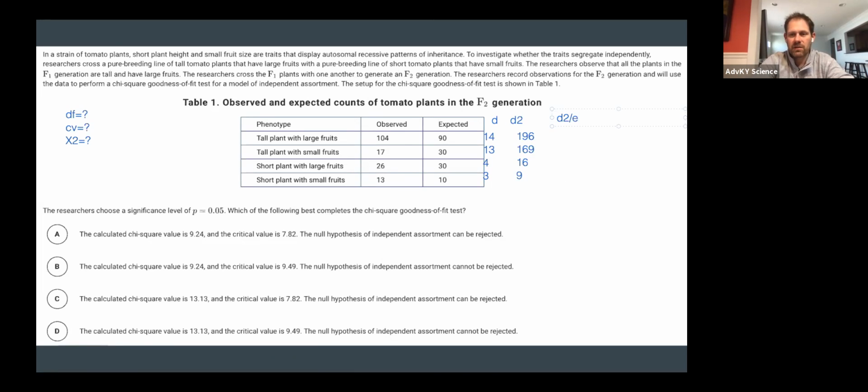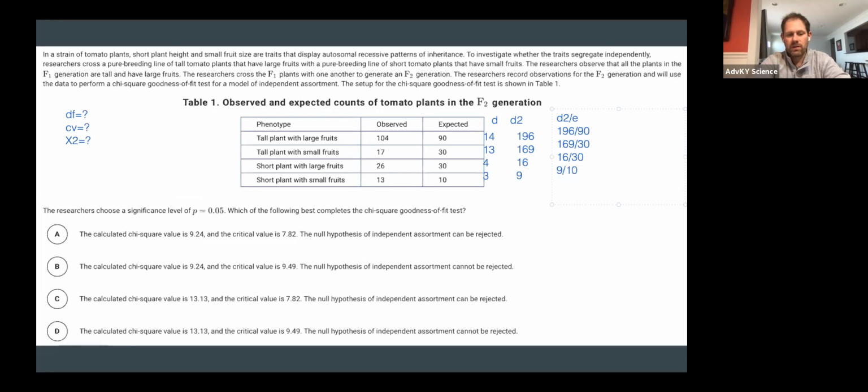And then the next thing we do is deviation squared, divided by expected. So we're going to take 196 and divide it by 90. We're going to do 169, divide it by 30. You get the idea here. We're going to do 16 divided by 30. And then we're going to do 9 divided by 10.